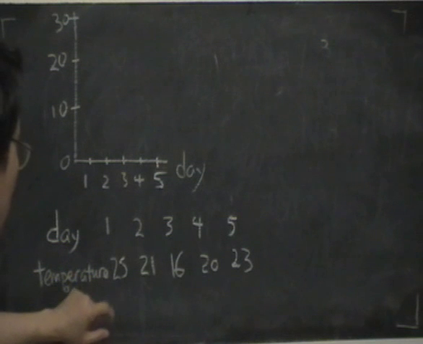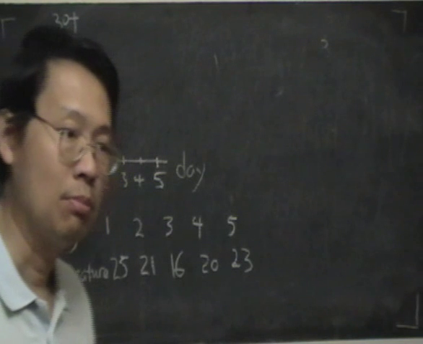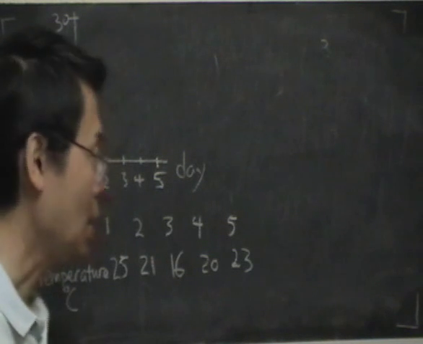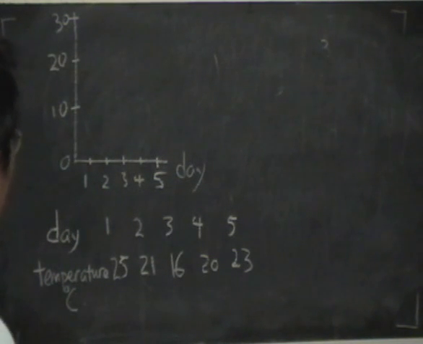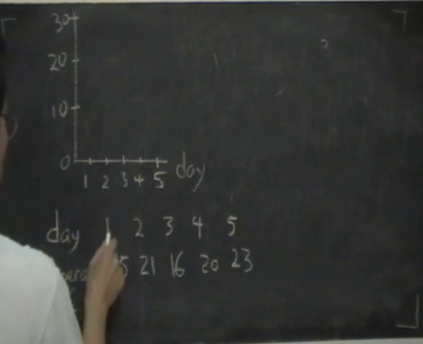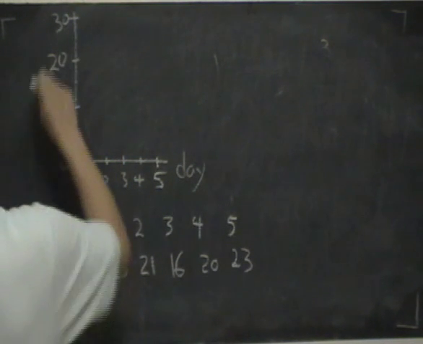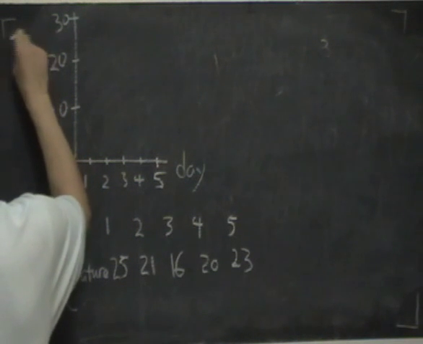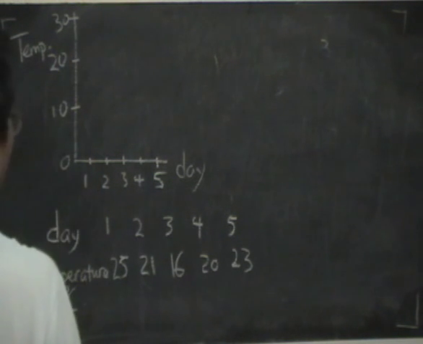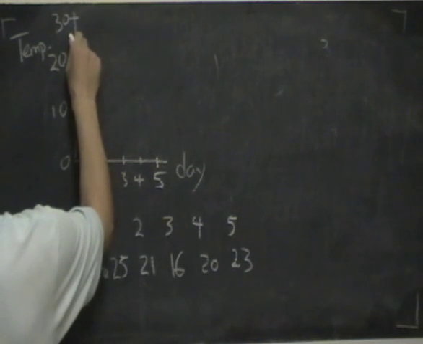So on day 1, the temperature is 25. Now I can mark this pair of numbers, 1 and 25, as a point on the graph. I go to 1, that's day 1, and I use the vertical scale to represent temperature. 25 would be in between 20 and 30, so it's somewhere there.